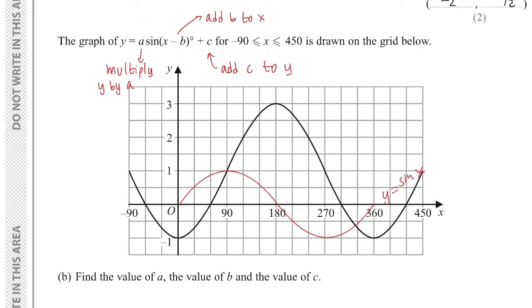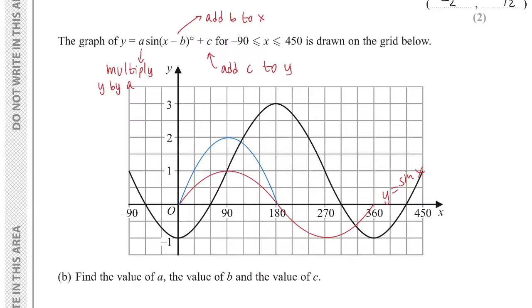So we could start considering what has happened here. Maybe if we start with a, let's go alphabetical here. If a is 2, this means that we've got a stretch in the vertical scale factor of 2, so it's going up to the maximum.